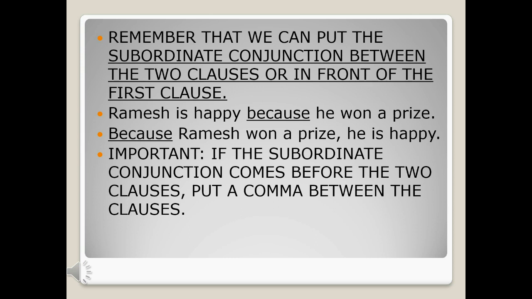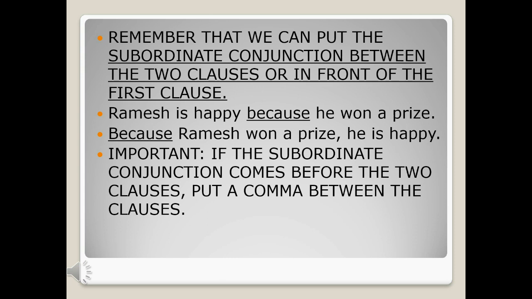In this sentence, there is a main clause, Ramesh is happy, and a subordinate clause, because he won a prize. And both the clauses are joined by the subordinate conjunction because. So here in this sentence, because joins the main clause with the subordinate clause.